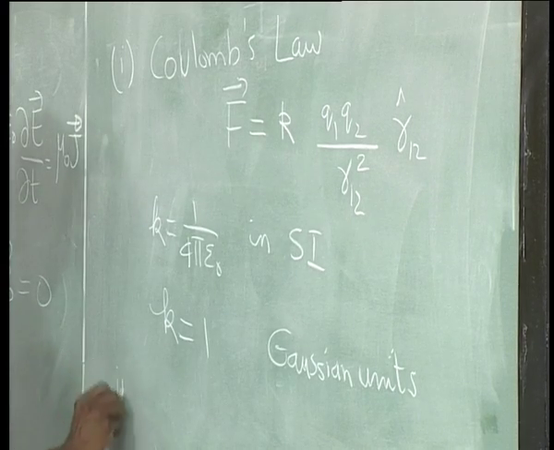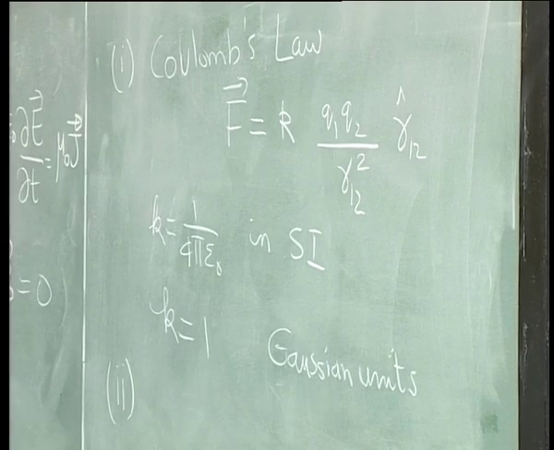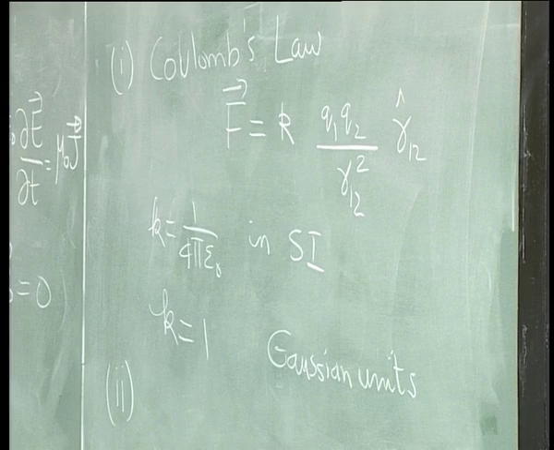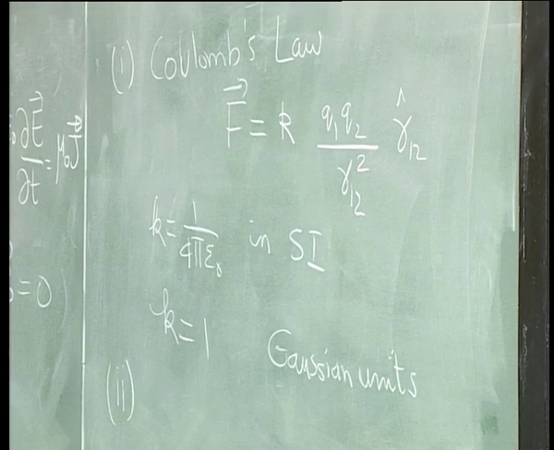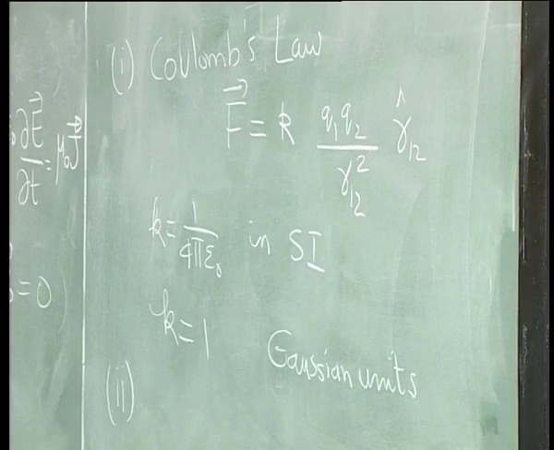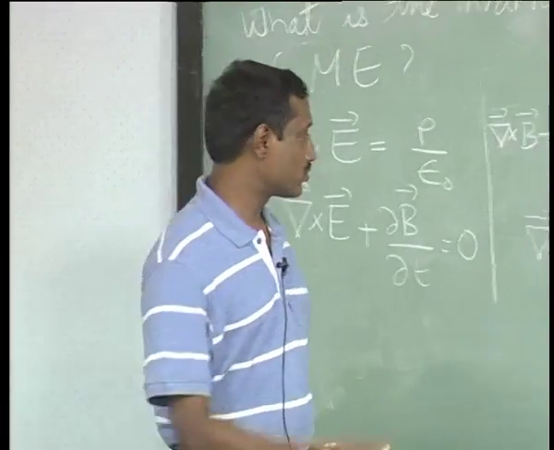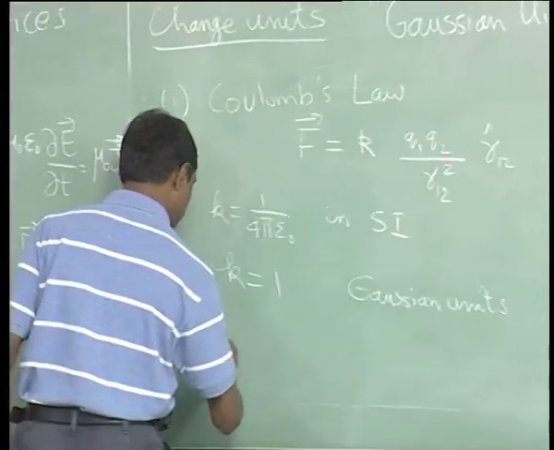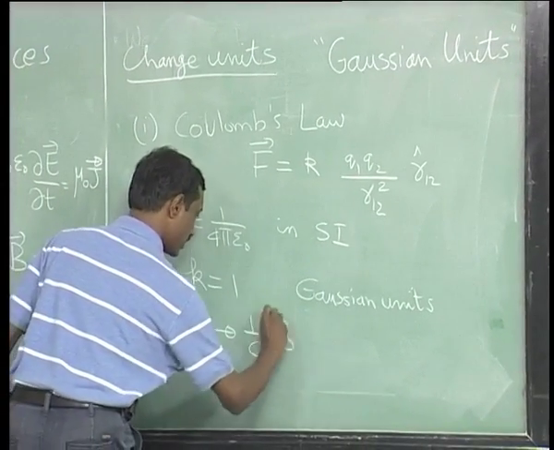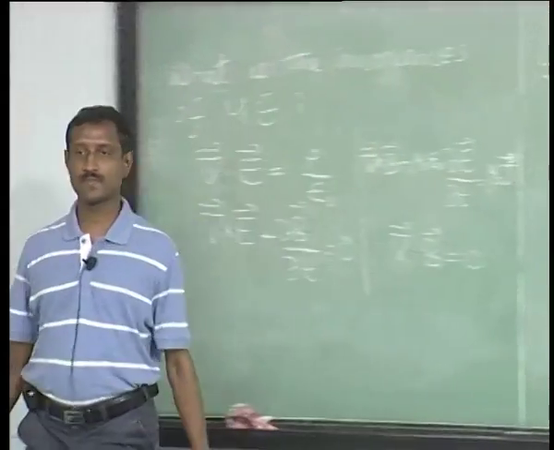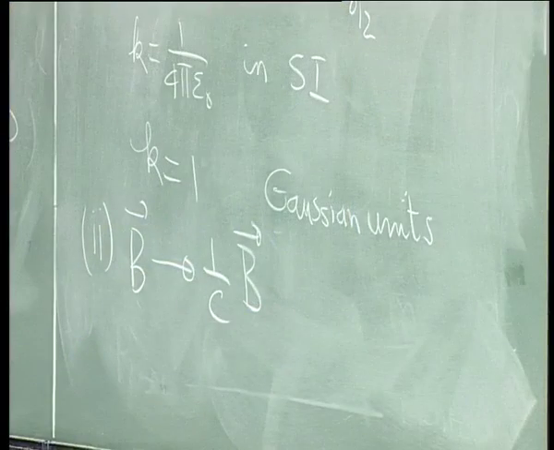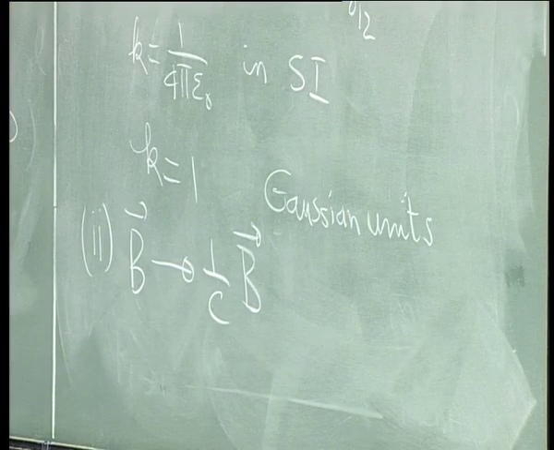The second bit is that what we will see later is that both electric fields and magnetic fields can mix in some ways, and so you need both of them to be measured in the same units, and that is still not true. So what you do is you make the replacement. I am just making it as a replacement, but you can make it formal. But okay, wherever you see B you put. Okay.